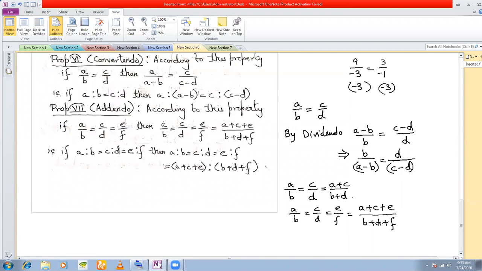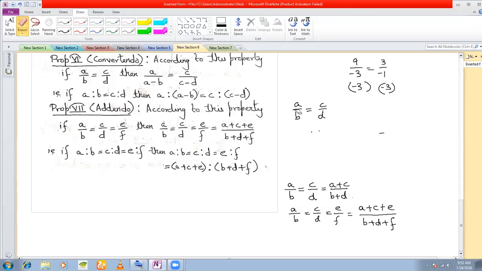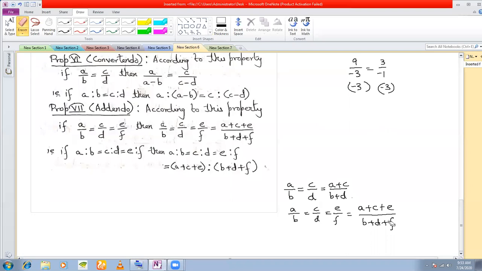Let's take an example in order to check, for addendo. Let us take this proportion: 9 by 3 is equal to 3 by 1.